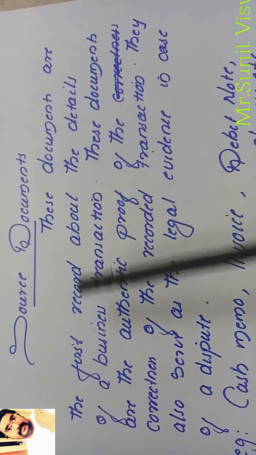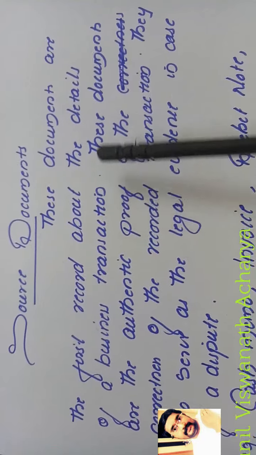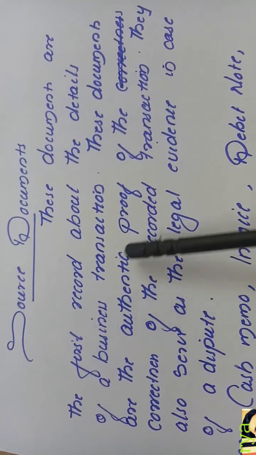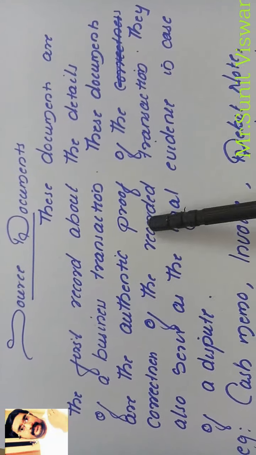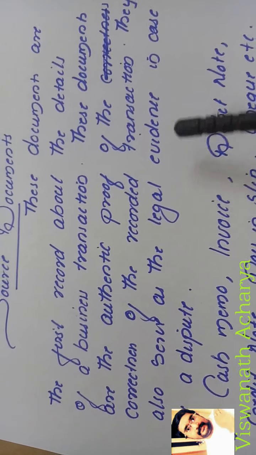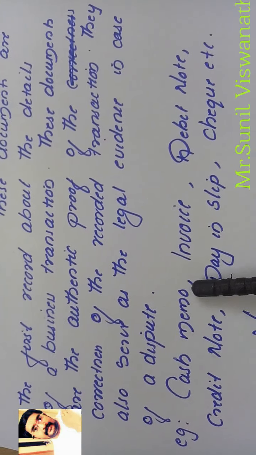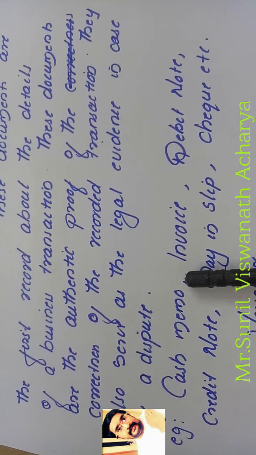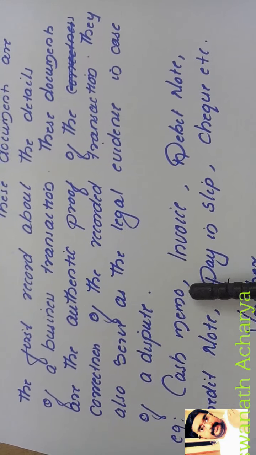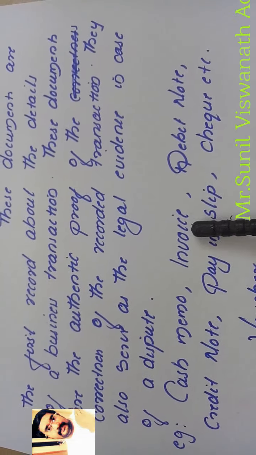So source documents are the first record about the details of a business transaction. They are the authentic proof of the correctness of the recorded transaction, and they also serve as legal evidence in case of a dispute. Example, cash memo. When you purchase goods for cash or sell goods for cash, we get a document called a cash memo.